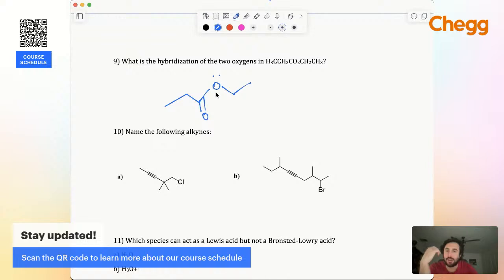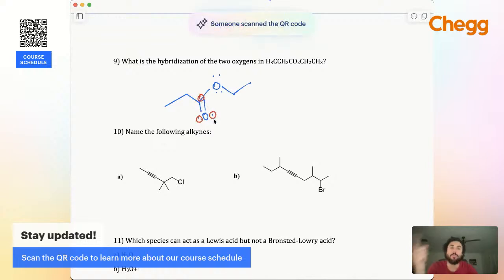So what are the hybridizations of these 2 oxygens? We had a couple of questions earlier on hybridization. How many electron domains, I should say, are surrounding each of these oxygens? Over here we have 1, 2, 3. Lone pairs count as electron domains, right? So 1 lone pair, a second lone pair, and 1 carbon atom.